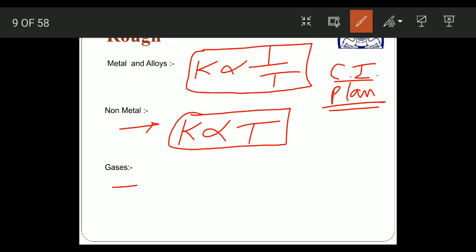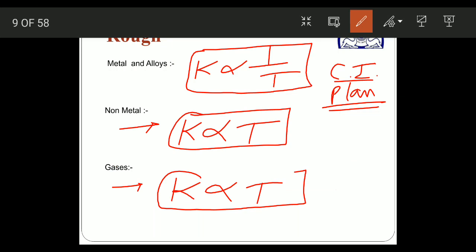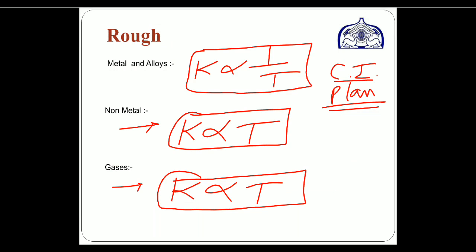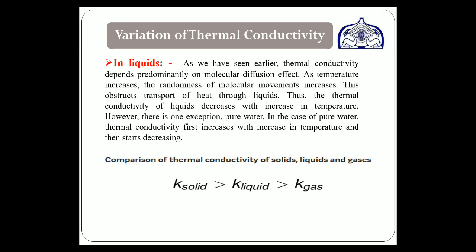In gases, thermal conductivity is also directly proportional to the temperature. As temperature increases, molecular collision between the molecules increases, and that's why thermal conductivity increases. So this is about thermal conductivity in metals and alloys, non-metals and gases.